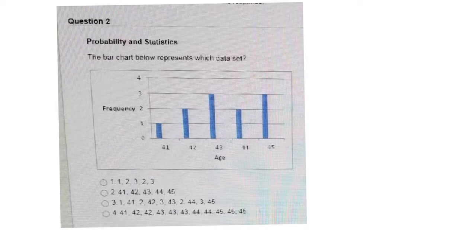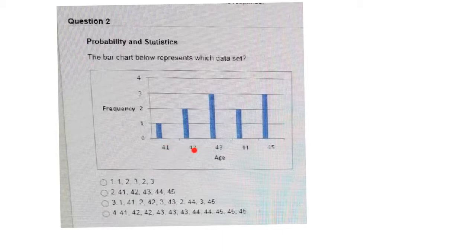So we've got people of 41 years of age. There's one of these people in the data set. 42 years of age, there's two people of 42 years of age. So this is a frequency chart here. The way to read this, and this is directed especially towards my student, is you have a group of people.